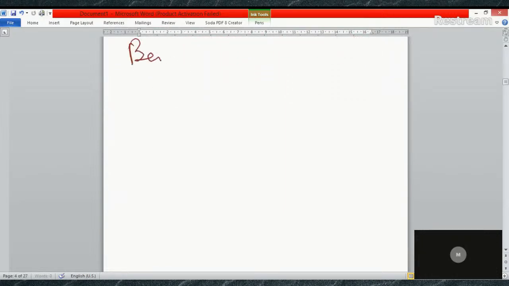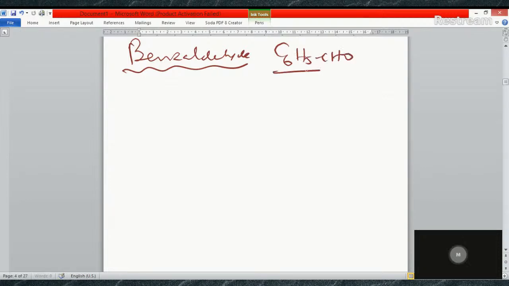The formula for benzaldehyde is C6H5CHO. And it undergoes an important named reaction called the Claisen-Schmidt reaction.